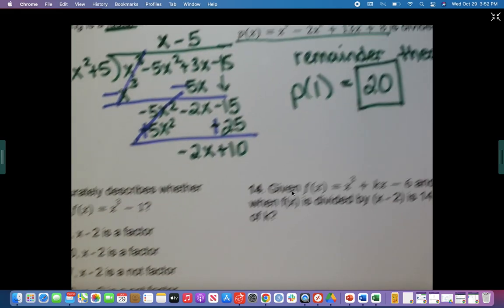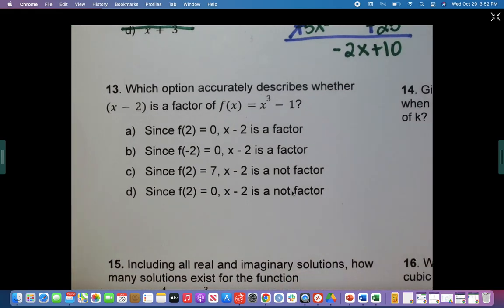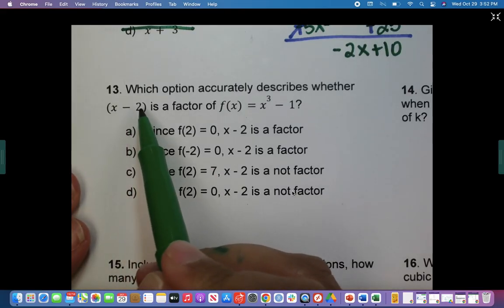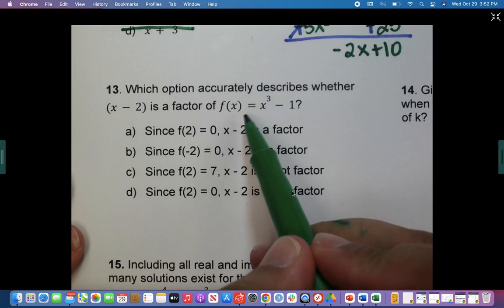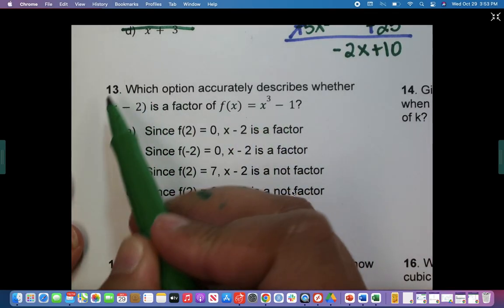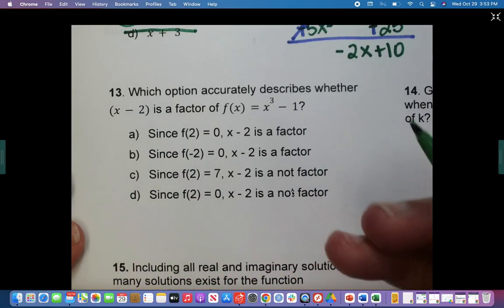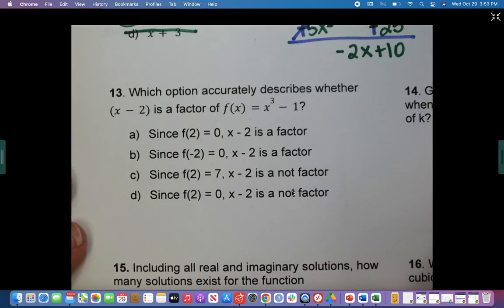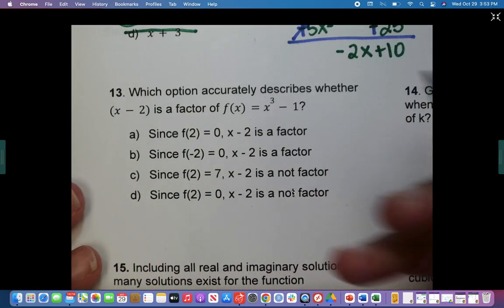All right, 13. Which option accurately describes whether x minus 2 is a factor of f of x equals x to the third minus 1? If x minus 2 is a factor, when we graph this, that means the graph should cross or touch the x-axis at positive 2. So let's see if it does that.